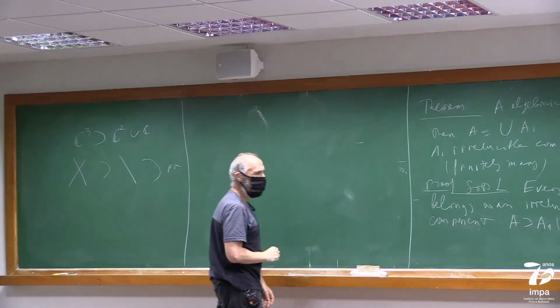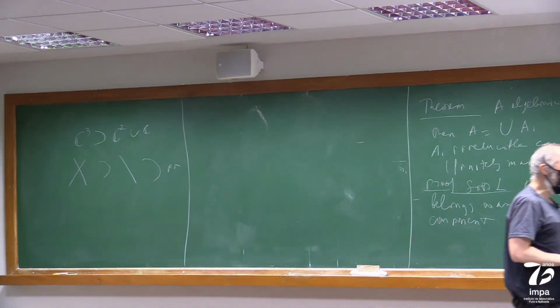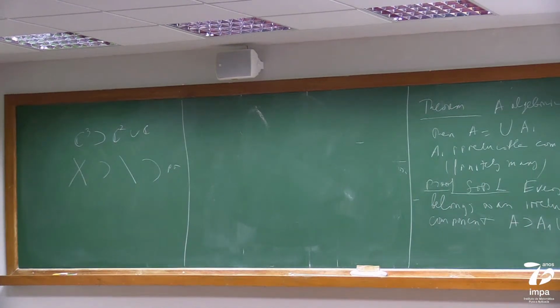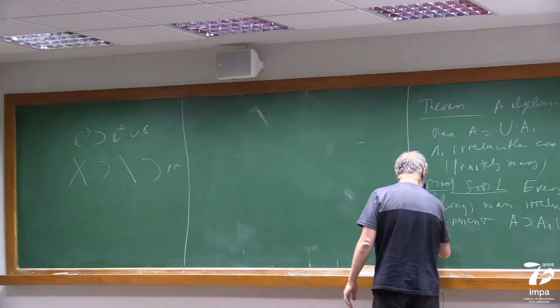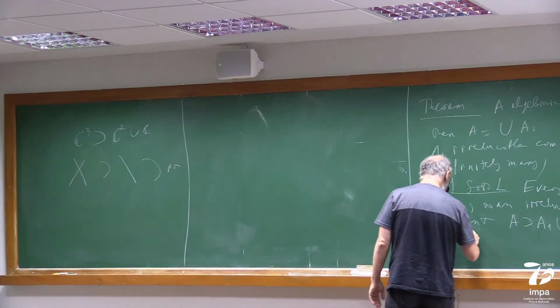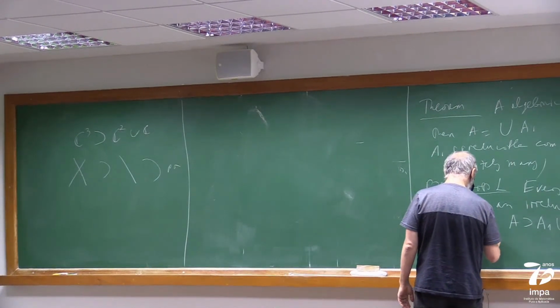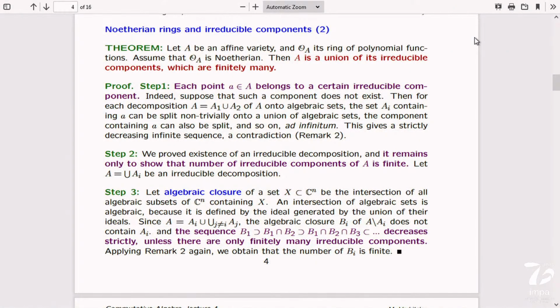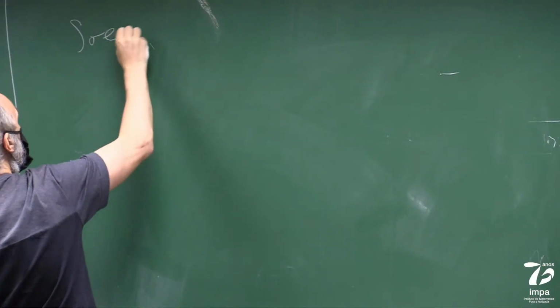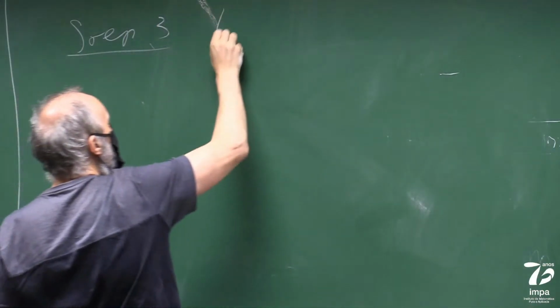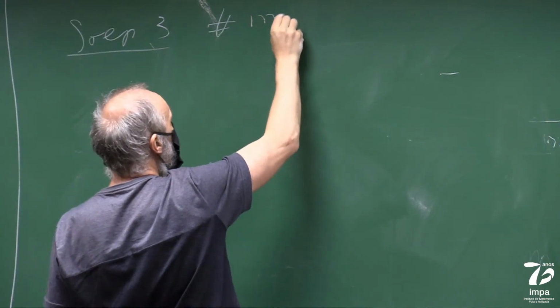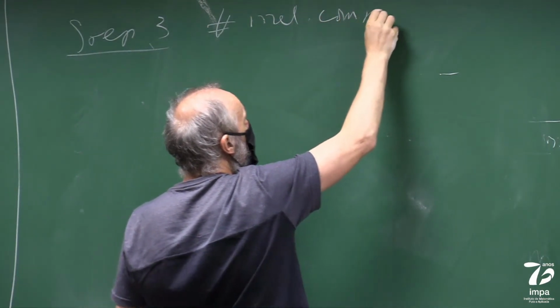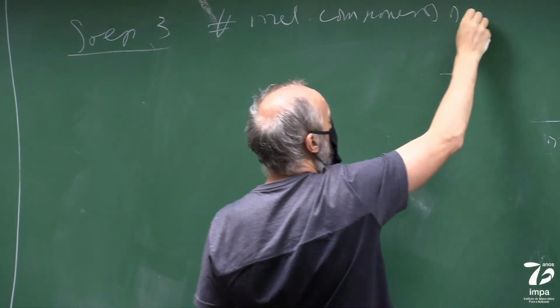We just proved that there exists, step 2, an irreducible decomposition. And step 3, the number of irreducible components is finite.